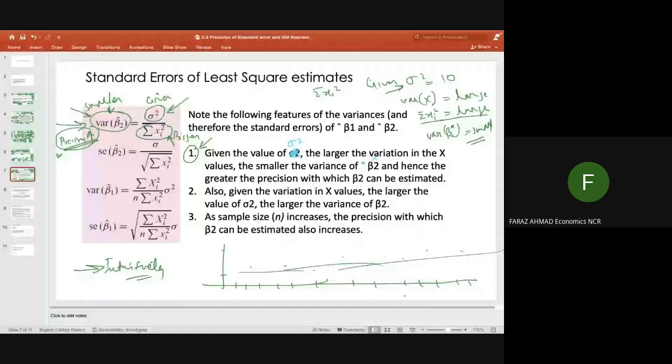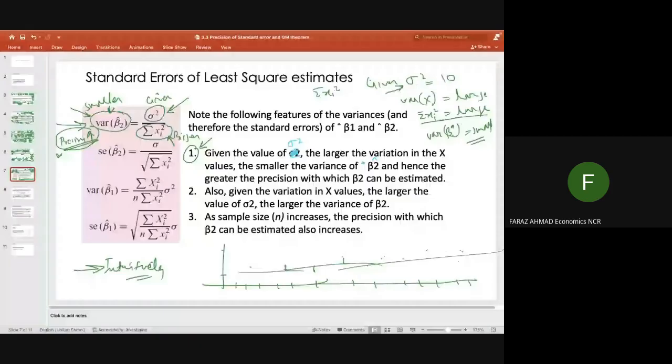The point is that because there's a lot of variation in x values, if we keep our sigma squared constant, and sigma squared comes from the sum of squared residuals, then when we calculate the variance of beta 2, the values will not vary much.